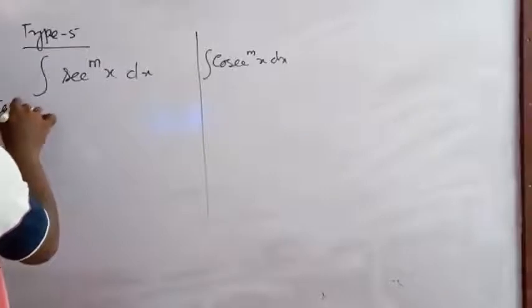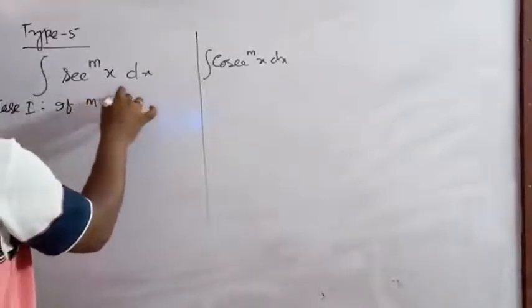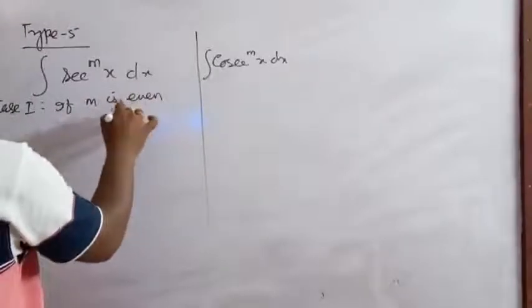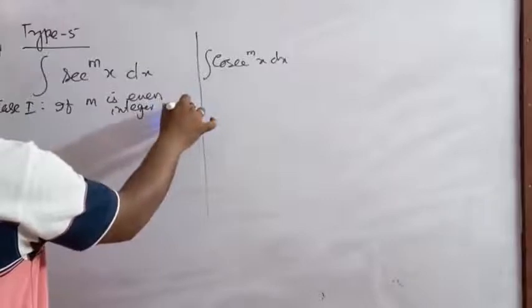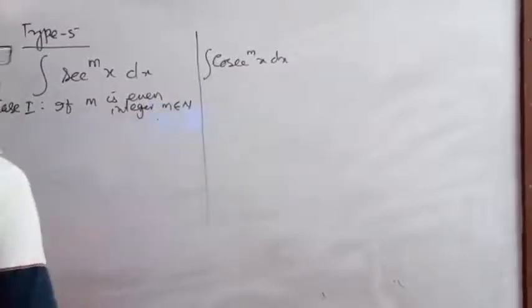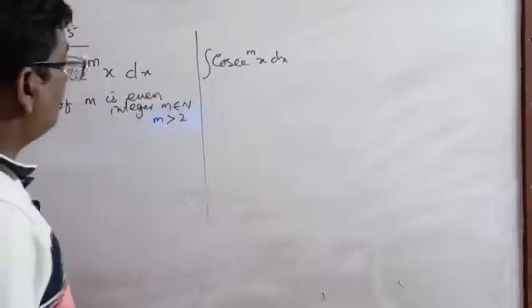Case 1: if m is an even integer, m belongs to N, and m is greater than 2.